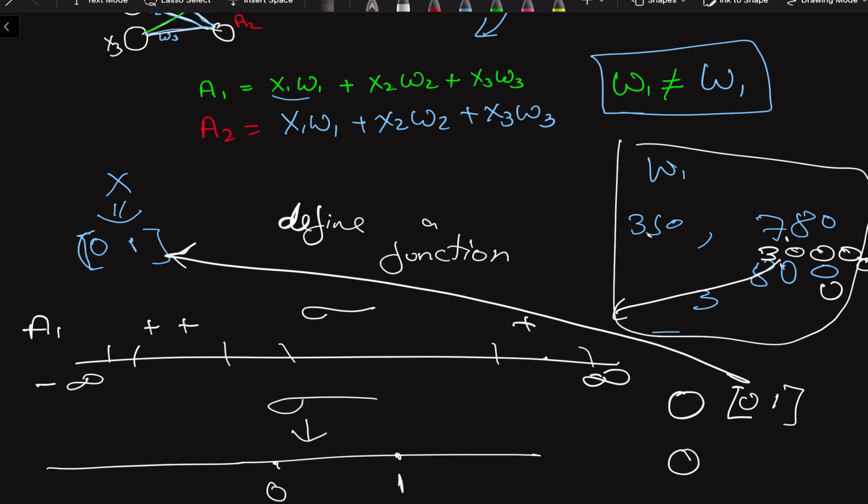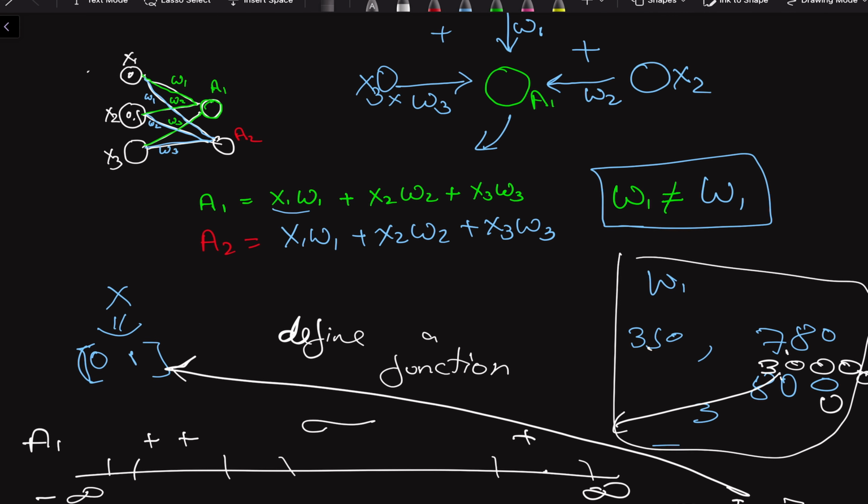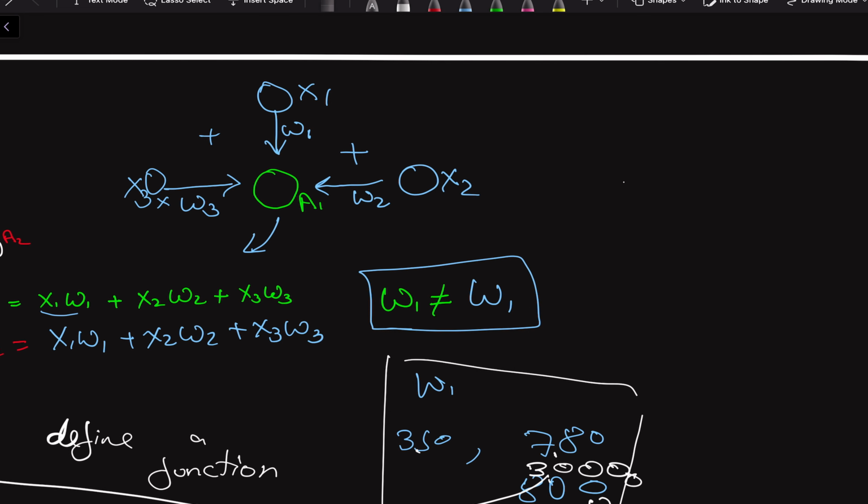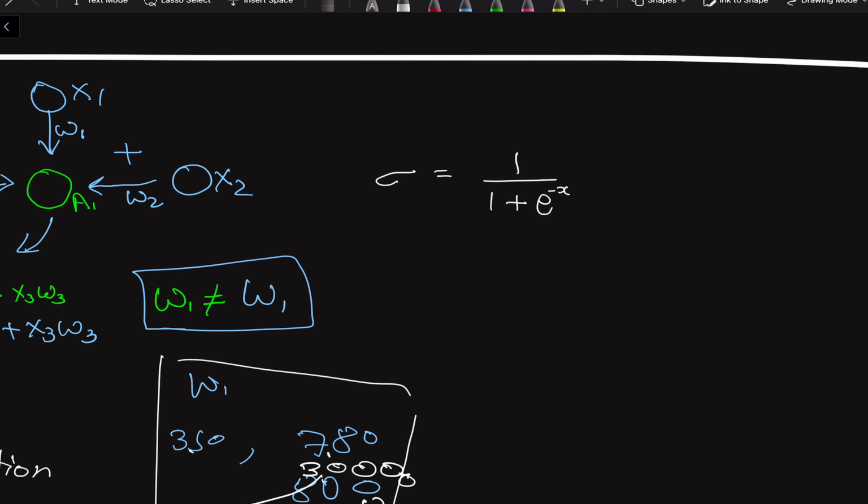A very famous function to do this is called a sigmoid function. It looks like this: 1 over 1 plus e to the power minus x. The graph stagnates around 1, and it hits 0.5 at the middle.